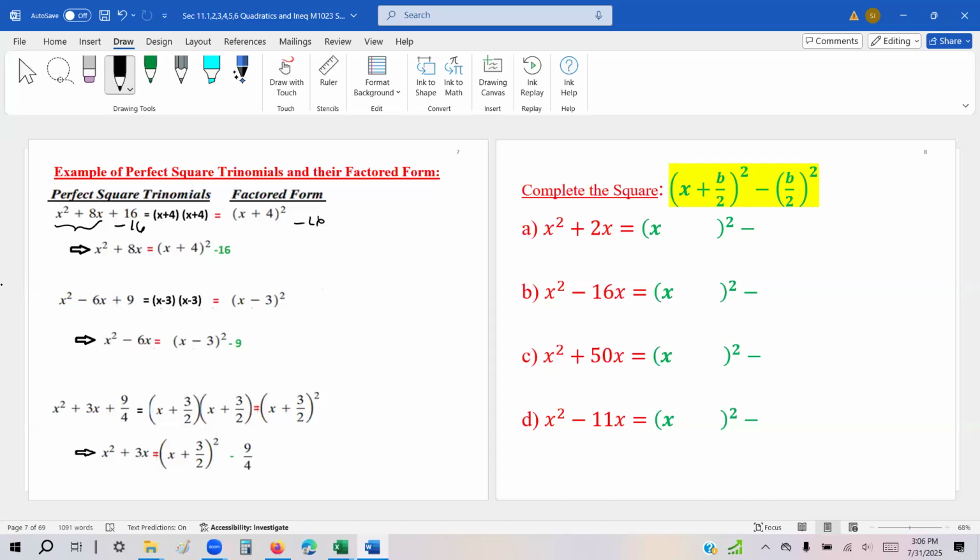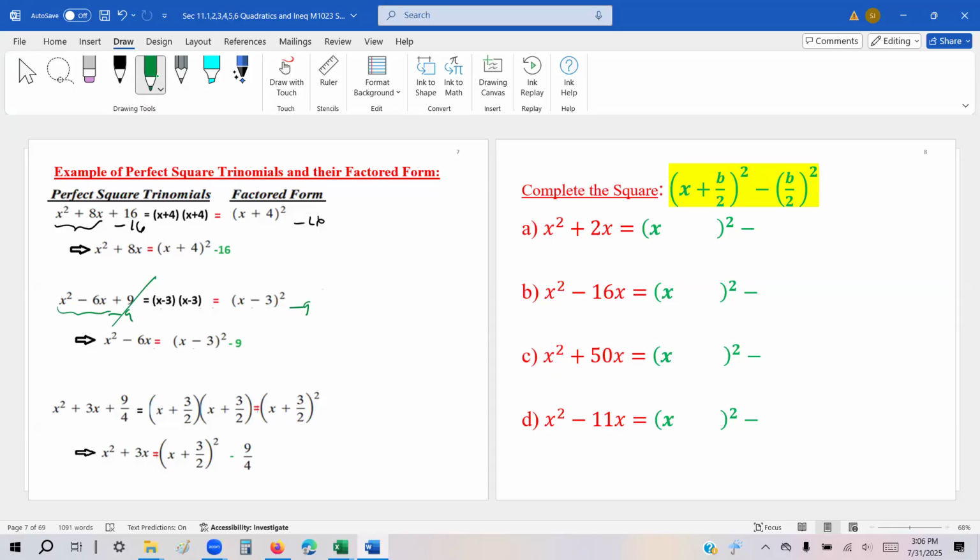We still get a perfect square. If you subtract 9 from both sides, what do you get? x squared minus 6x is (x minus 3) squared minus 9. So this and this are exactly the same thing. Now the last one, we have a fraction.